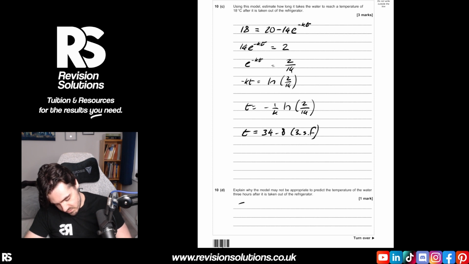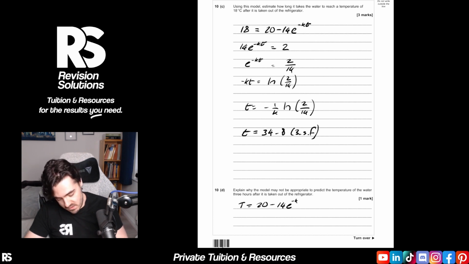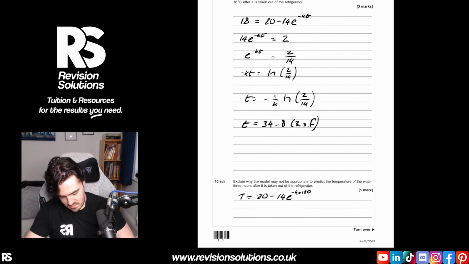So if we use the model, we'd have capital T for the temperature would be 20 minus 14 e to the minus k times what was the time? 3 hours, and they're trying to catch us out with the units, like I said. So 3 hours in minutes, that's 180 minutes. So it'd be times 180. And then we're going to use our value of k, which I'll bring up again in my calculator.